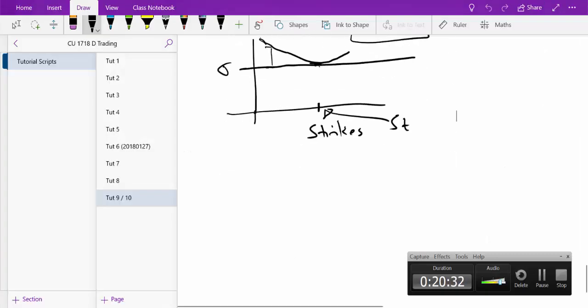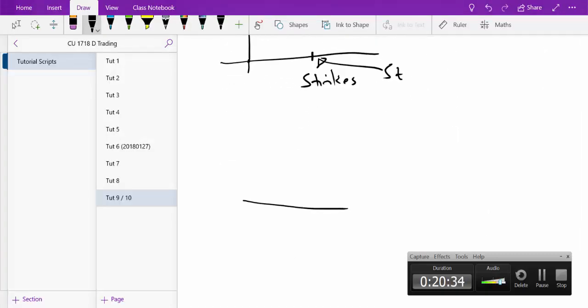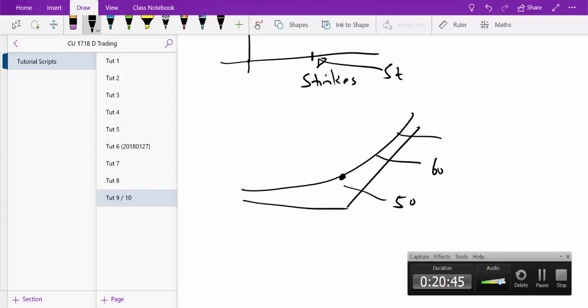You should know by now, if you talk about a call, so your delta here would be approximately 50. So over here it would be 60 or 70. Here it will be 40 and 30.